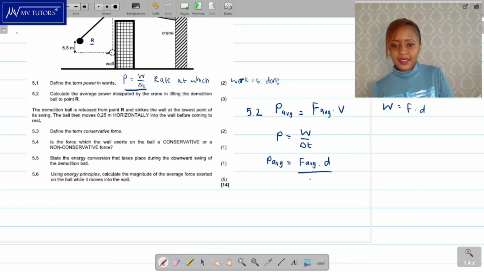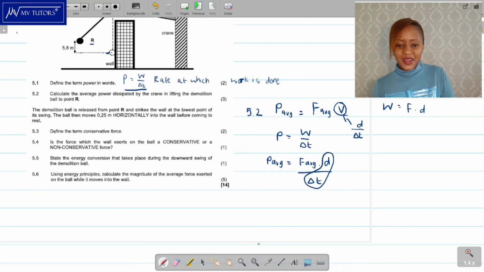And why can I say that? Remember velocity is distance over time, or displacement over time. So we've substituted the velocity here with displacement over time.